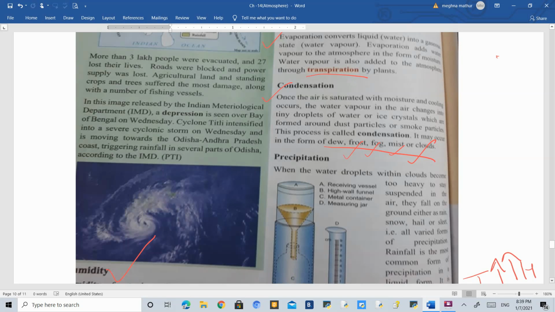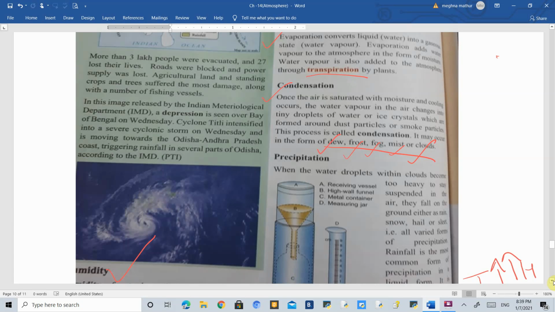Fog also happens, as we have read in the chapter hydrosphere, when the warm and cold currents mix. Then at that place you will find fog. And the visibility is very low in fog and a little better in mist.